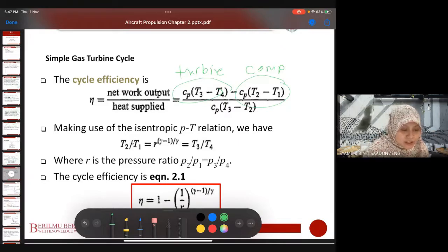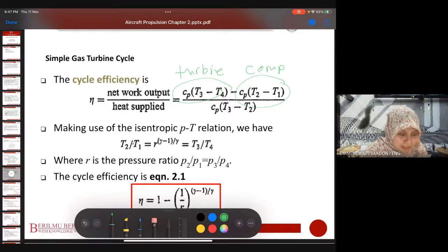The work produced by the turbine is usually used in the compressor to compress the working fluid, air, within the compressor. So the net work output is the work produced by the turbine minus the work input used by the compressor.